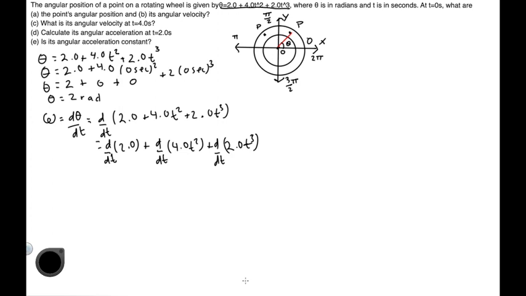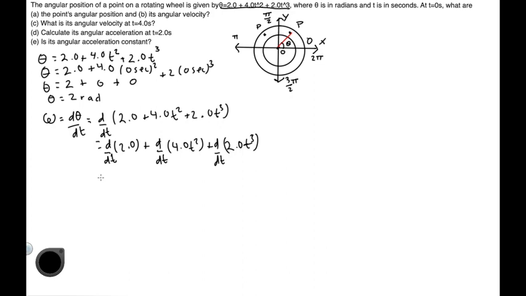So if we take the derivative of each individual piece and add them together, it should give us the formula for the instantaneous angular velocity.